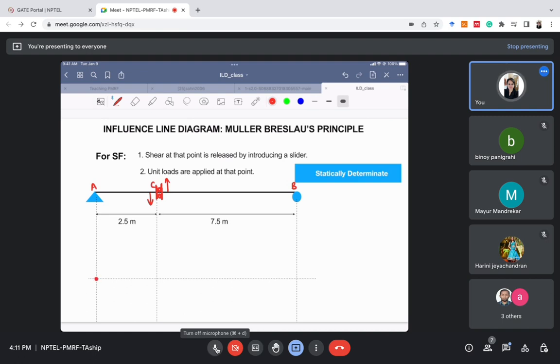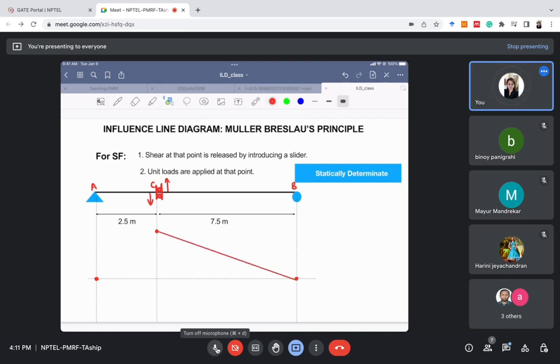We will restrain those points which cannot move anywhere. So A cannot move anywhere, B cannot move anywhere, right? The second step is, let's see what is the deflected shape. Now we have moved the right part, that is part CB, in upward direction at point C, right? So this part has moved here. Okay, let's join CB first.